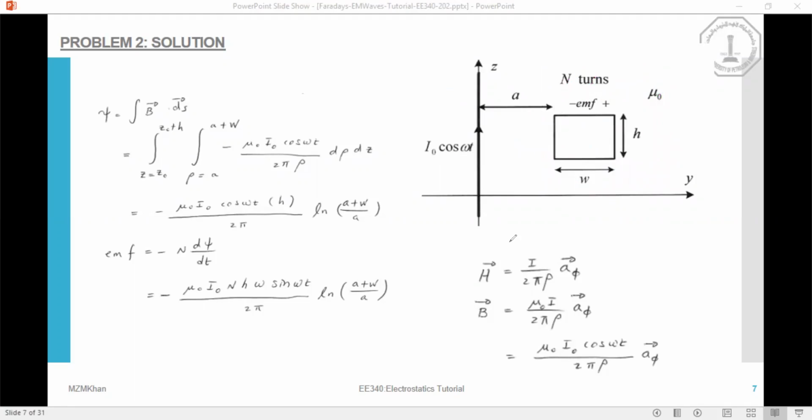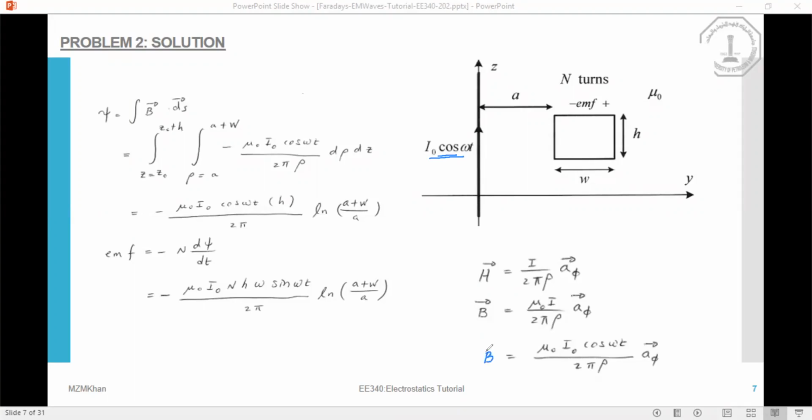So how do we find it? We know very well that H bar is I over 2 pi rho A phi, right? This is the magnetic field generated by this infinitely long filamentary conductor. It is in air, and here I want B, not H. B is mu H, and since this is air, B is mu naught times H. Now I will substitute the current, which is I naught cosine omega t.